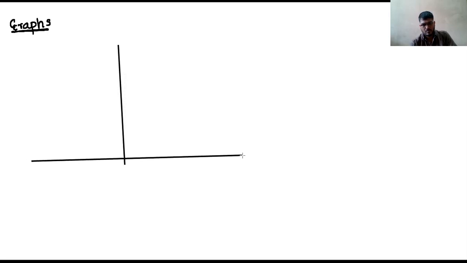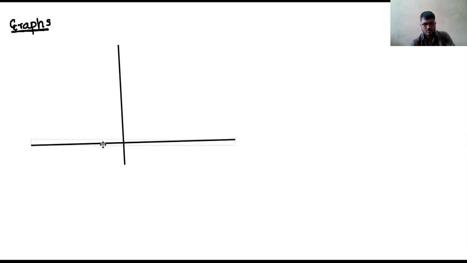Let's plot the graphs. How will be the nature of these graphs? Suppose I have plotted the P versus T graph. This is the origin.